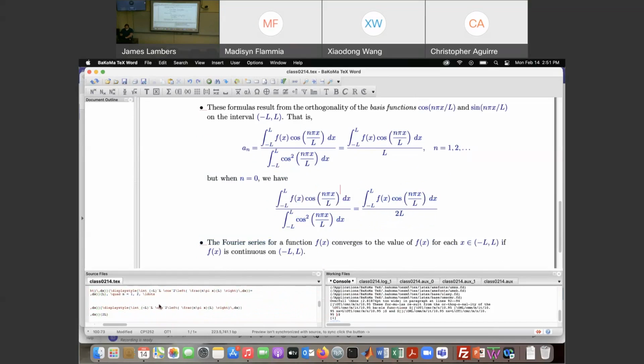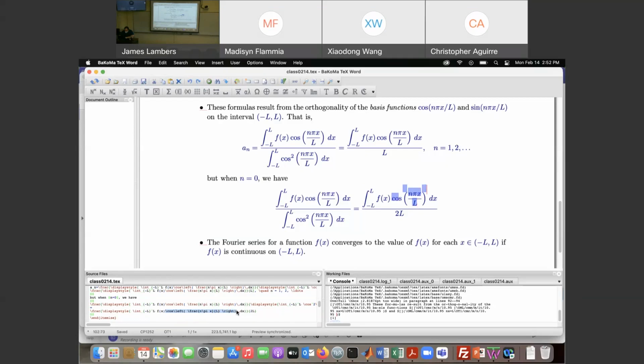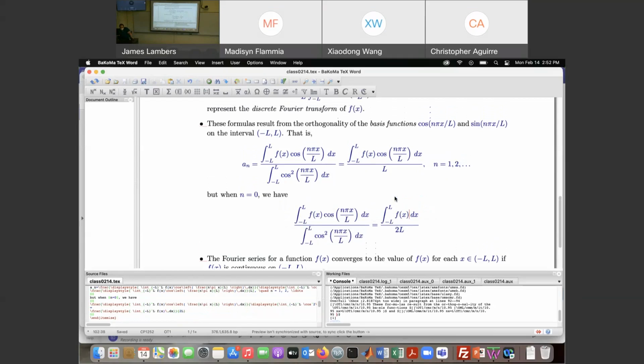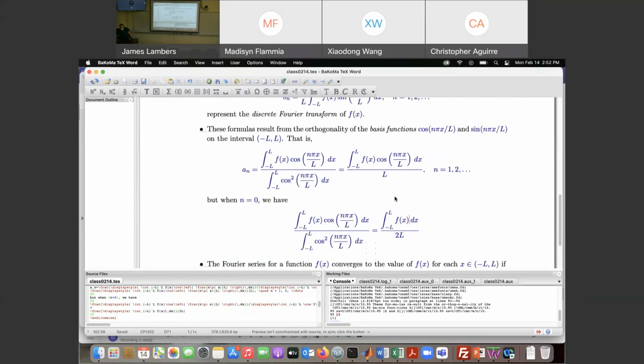Okay, also one more. Cosine. And this actually turns out to be the average value of f on the interval minus L to L. So what some books do is, these expressions are consistent, except here we have this extra factor of 2.